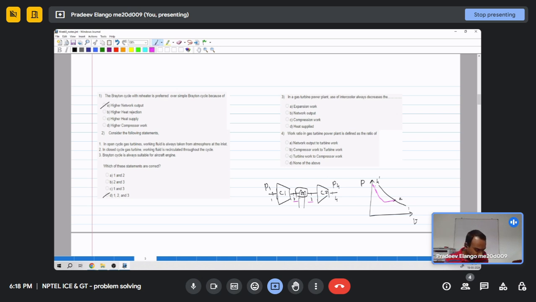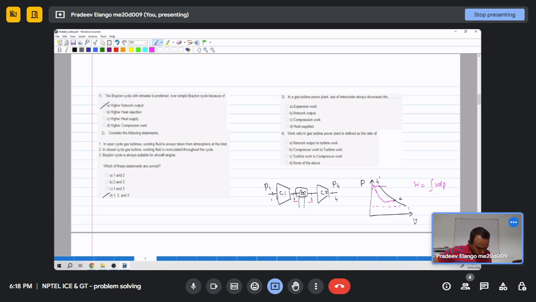Now you have reached the same pressure level, but if you calculate the work you have done, you would end up with a lesser work input. So here you have to take work as the integral of VdP for a flow process.